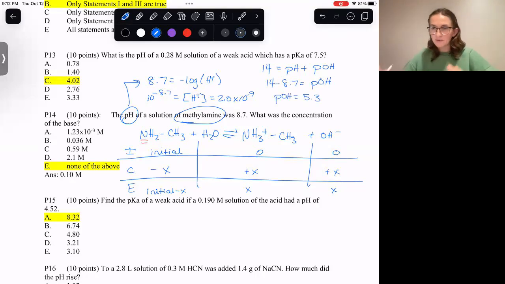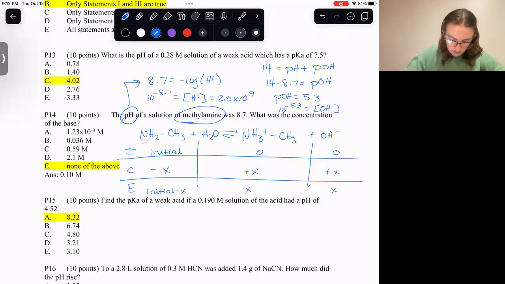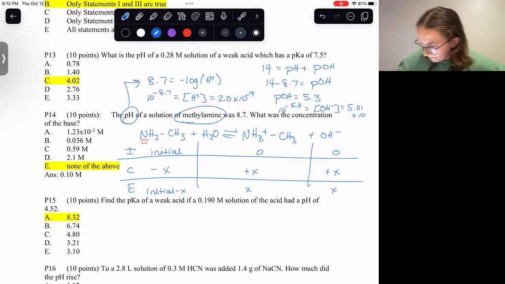You then do that same thing that we just did for pH. So you say 10 to the negative 5.3 is equal to the concentration of OH minus. And this is 5.01 times 10 to the negative 6.